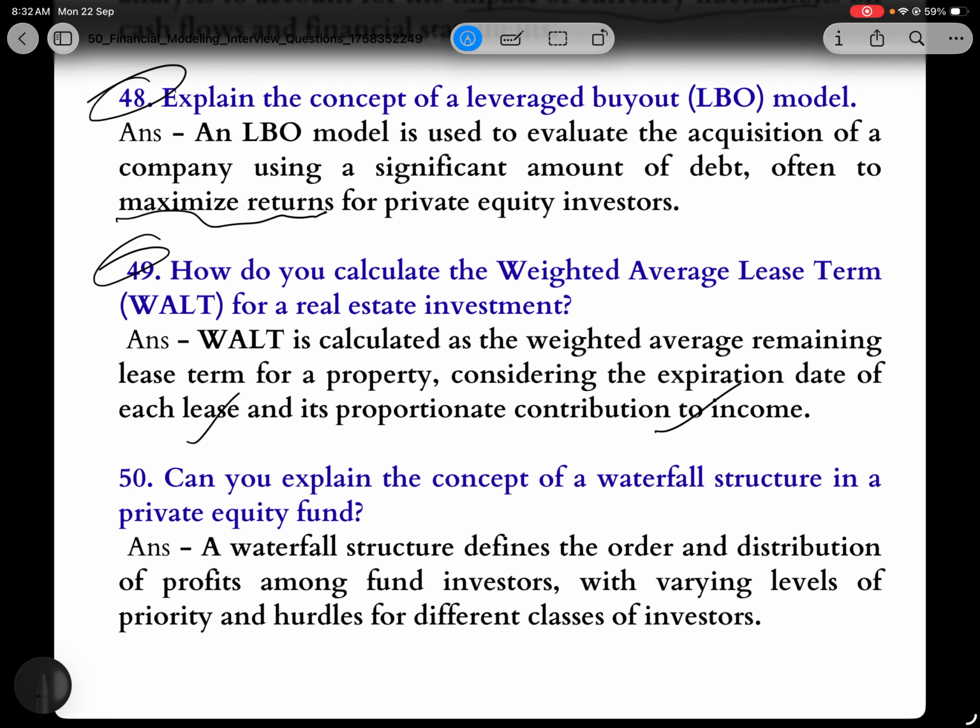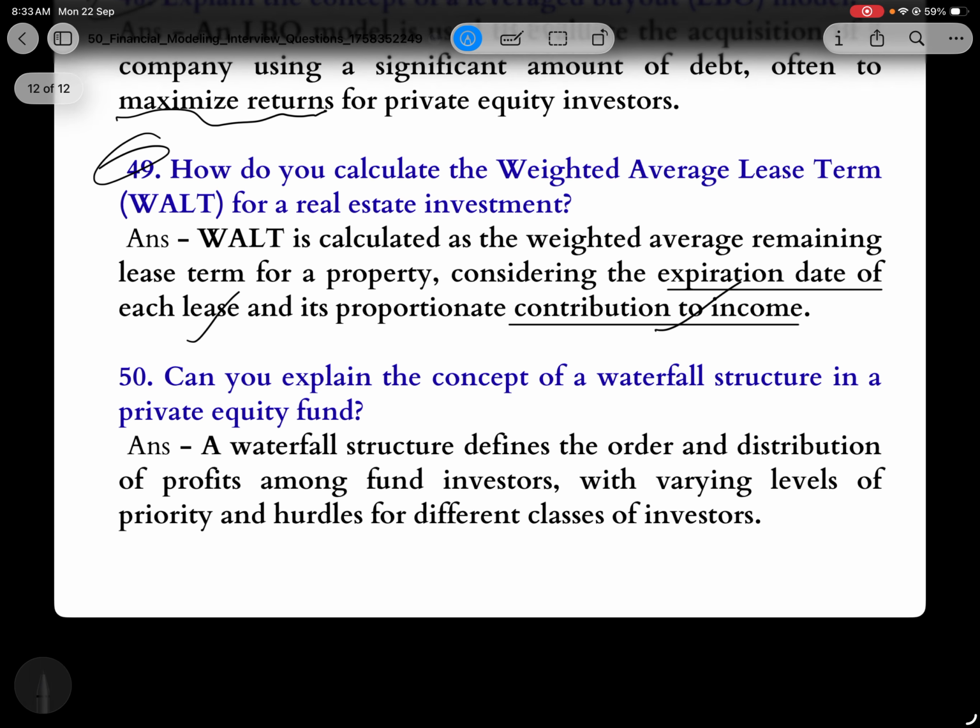So why do we normally do this is basically to assess how much income we can expect with future facing contracts, or in terms of long term contracts, how much of that revenue is definitive. That's what we are trying to get. Okay, so it's just average remaining lease term, right? So that basically shows how much of that is contributing to the revenue.